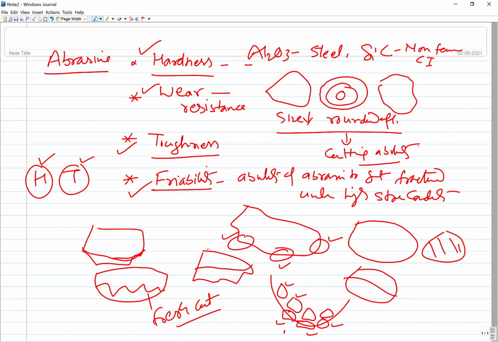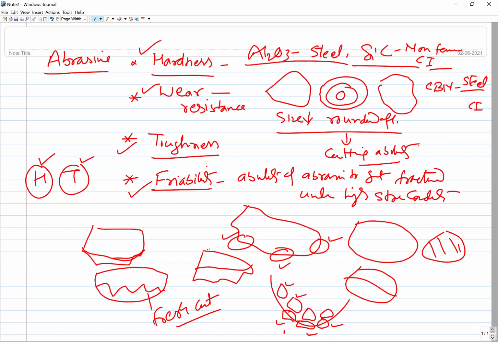So alumina primarily for steels and the tough metals, silicon carbide for non-ferrous metals and cast iron. Then CBN, cubic boron nitride, this is used for grinding of steels as well as grinding of cast iron.